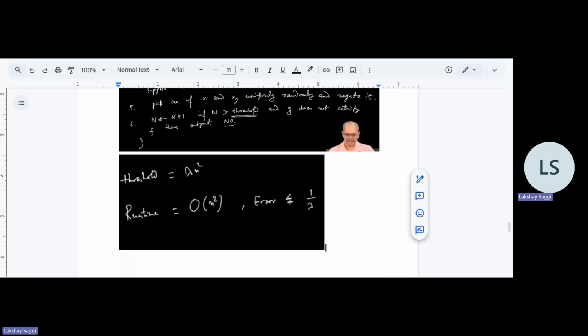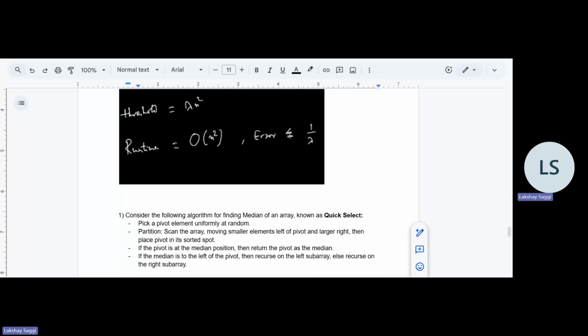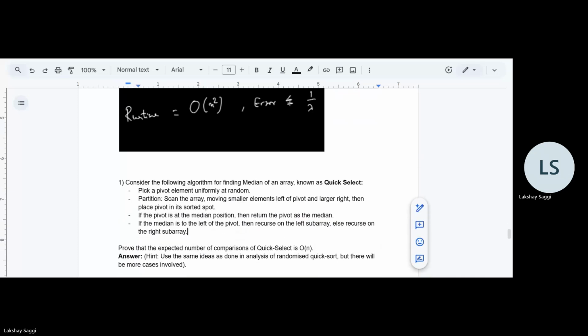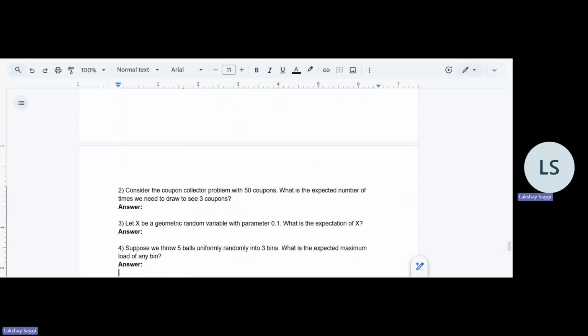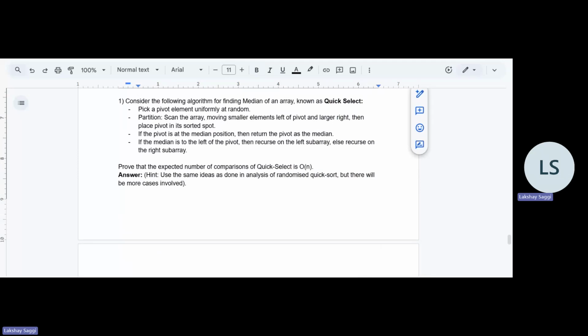Okay, so I hope this makes sense. If it makes sense, then maybe we can move over to some of the questions which I had prepared. I had not prepared a lot of questions because in the last session we spent a lot of time discussing the theory.